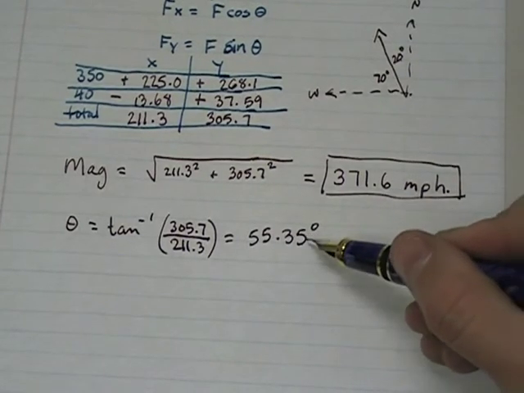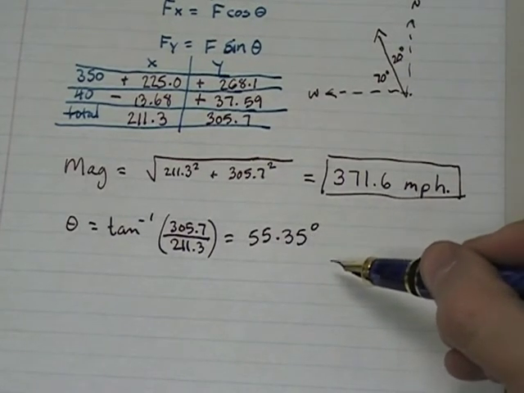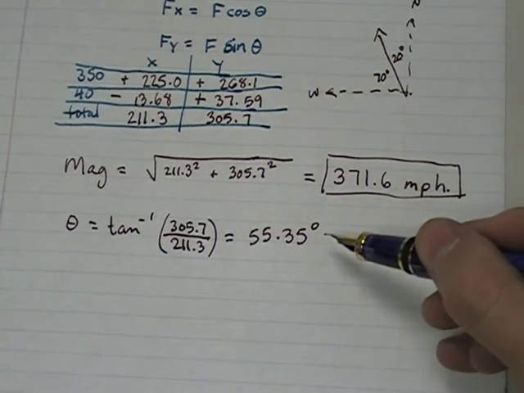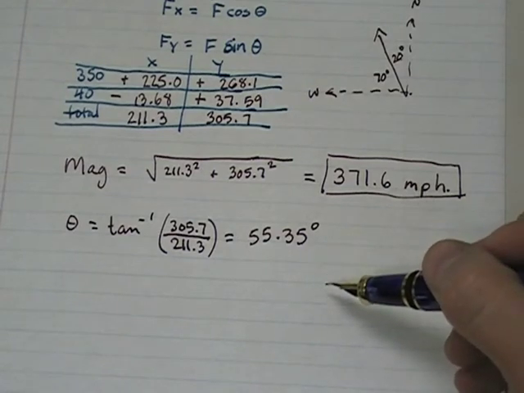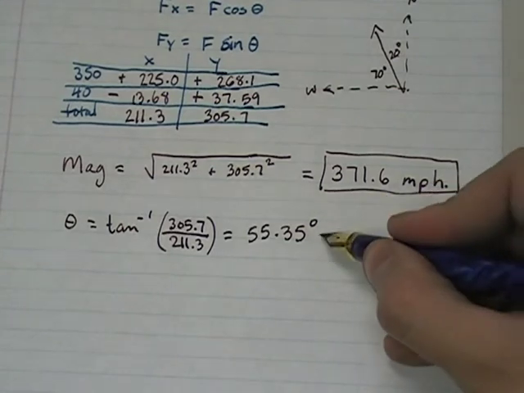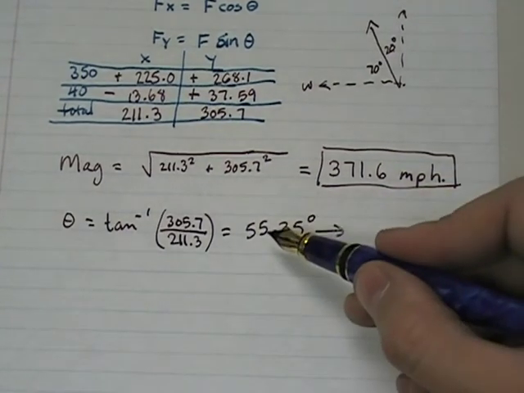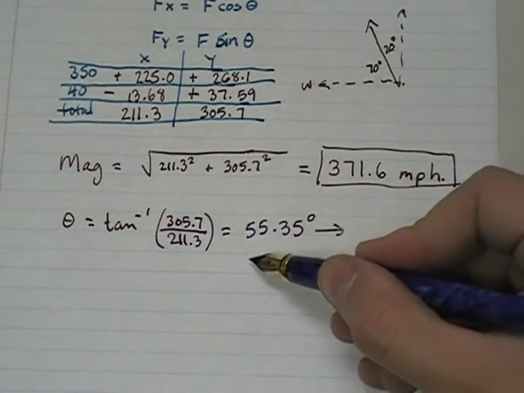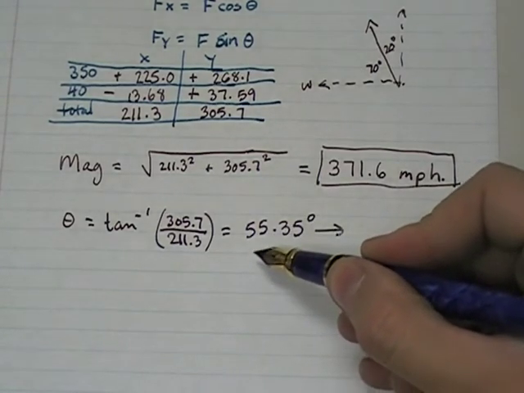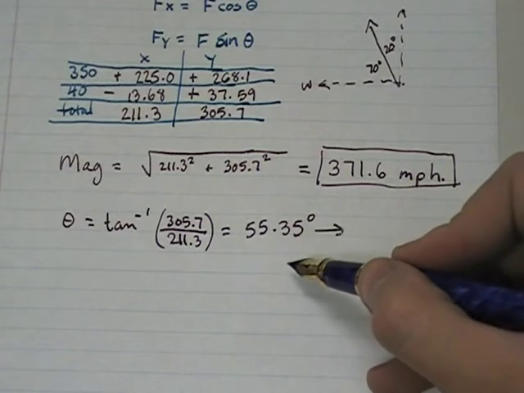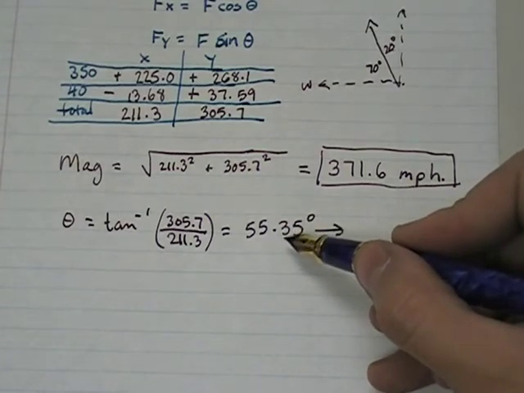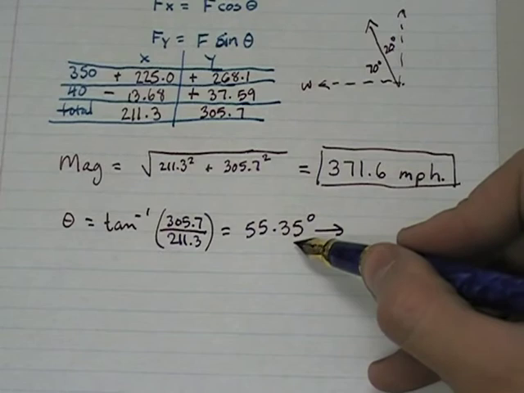It's based on the positive x-axis. Bearing is measured from the north or the south. So, I want to convert this into a bearing. Well, the positive x-axis is east. So this would be like, say, starting at east and going 55.35 towards the north.